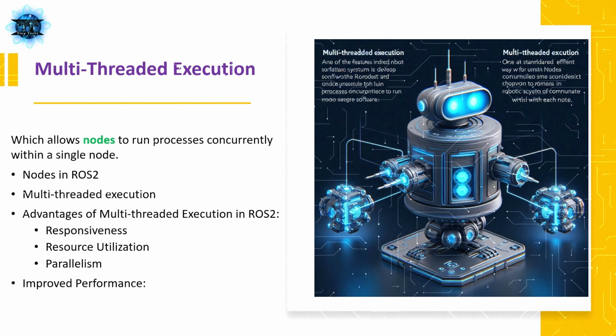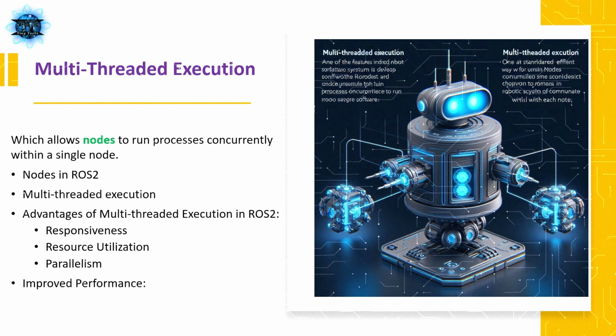Multi-threaded execution allows nodes to run processes concurrently within a single node. Here we are mainly focusing on nodes in ROS2. What are the advantages of multi-threaded execution in ROS2? Responsiveness, resource utilization, parallelism, and improved performance.